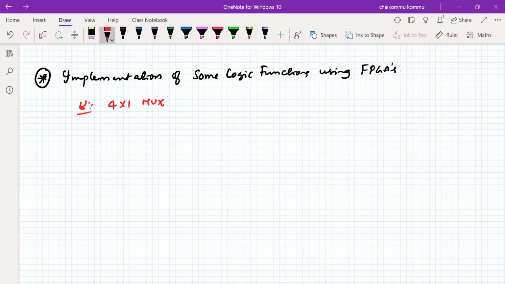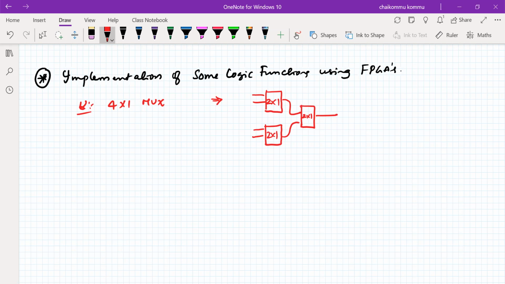The requirement is that this 4x1 multiplexer is comprised of, for example, 2x1 multiplexers. It is a 2x1 multiplexer, 2x1 multiplexer, and 2x1 multiplexer. So three 2x1 multiplexer blocks are available, and I want to implement this in the given CLB block.